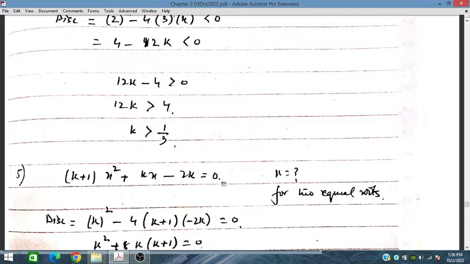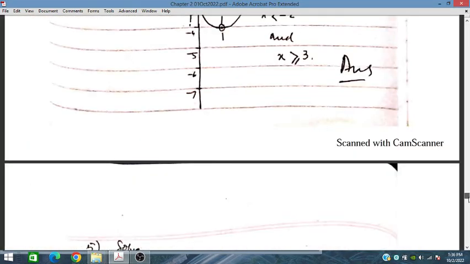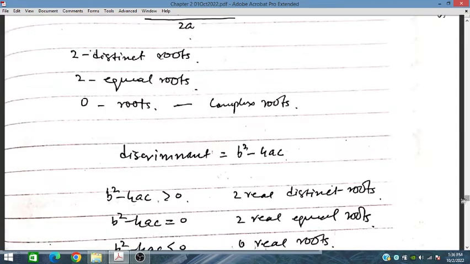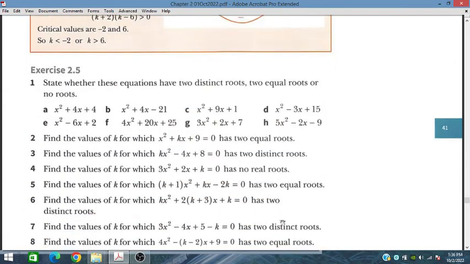For question number 5, find the value of k for which this has 2 equal roots. So we have to find the discriminant and put it equal to 0, and under that condition we can get the value of k.